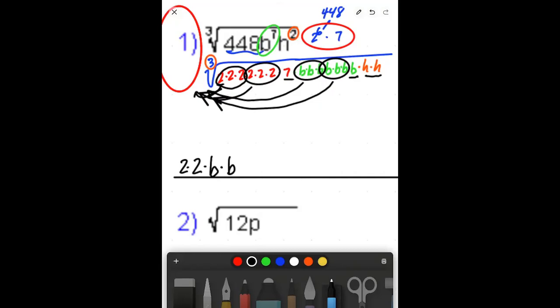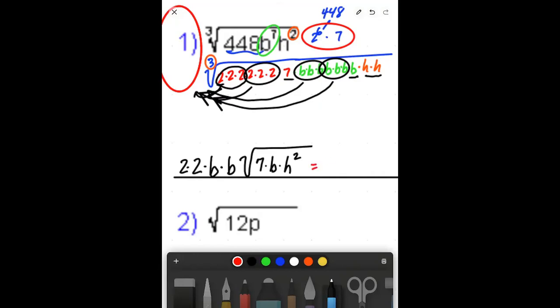Now, I'm going to rewrite the radical down here, and everything that I left inside, I just leave inside. So this is going to be 7 times b times h, which I'm just going to write again as h squared. I'm almost done. I just need to multiply the numbers in front, and then I'm done. So this is going to be 2 times 2 is 4. b times b is b squared.